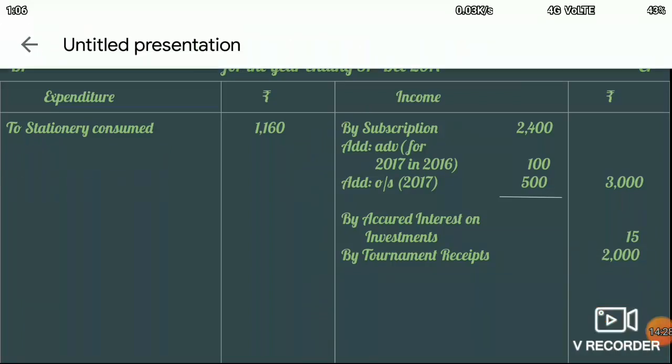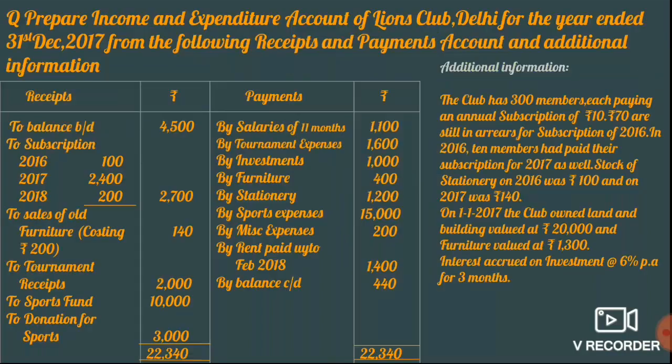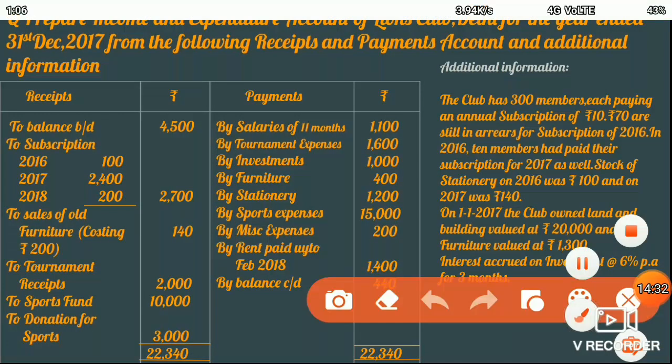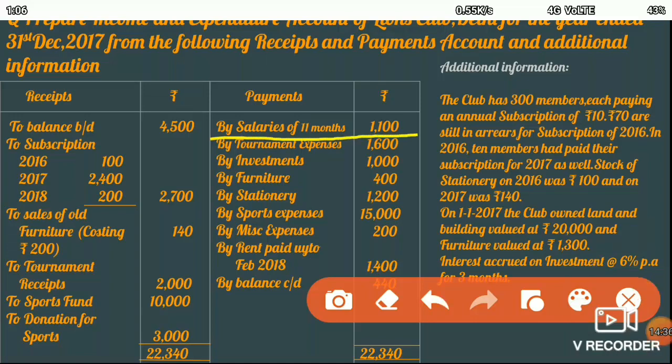1,160. Now the next item I will take is salaries. By salaries of 11 months, 1,100. So the salaries paid in cash was for 11 months. So there is an outstanding of 1 month, because we have to show on accrual basis. We have to show for 12 months.